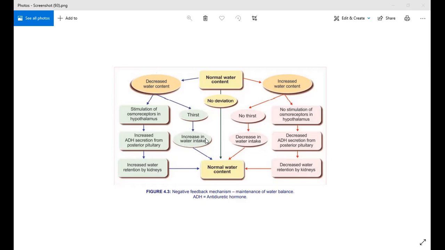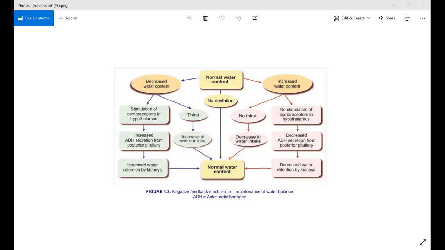You need to increase your water intake while your homeostatic mechanism is trying to do what it can to prevent water loss by the kidney, to normalize the water content. So this thirst helps you to drink water to normalize it, while the normal homeostatic mechanism through antidiuretic hormone is also acting to normalize it. But once the normal amount is reached, the production of antidiuretic hormone will be stopped. That is negative feedback. Okay?